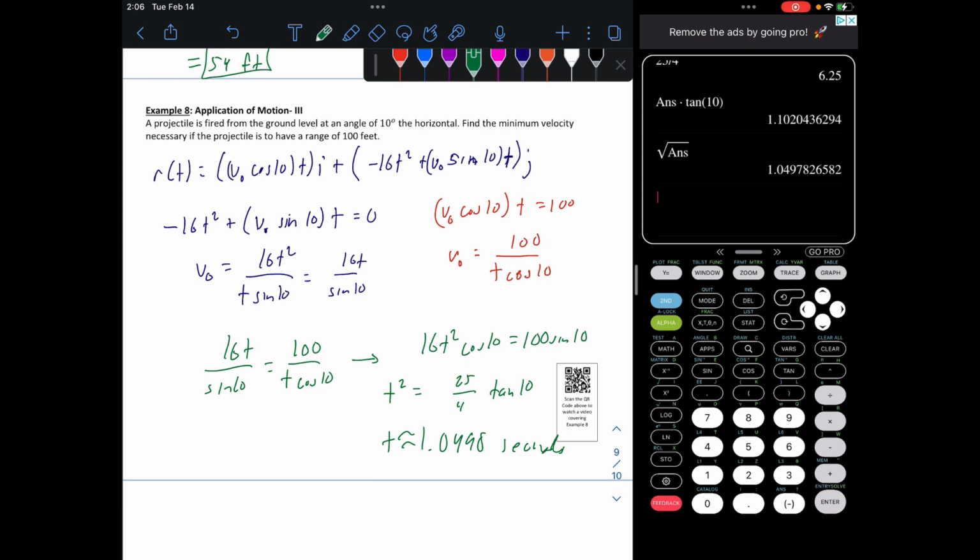So you could put that back into either here or here, it doesn't really matter, to get your initial velocity. So our final answer here, v sub 0, let's put it into the second one there. So that times cosine 10, and 100 divided by the answer. 96.727.